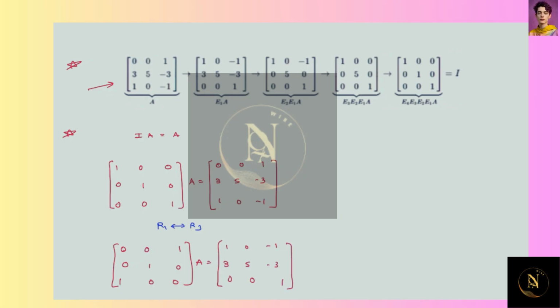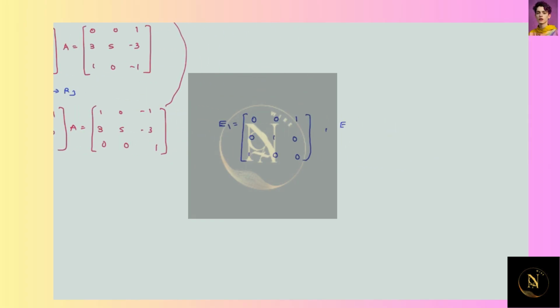Right, so this is our second matrix, right? And this is our elementary matrix E1. And here we have just interchanged first and third row, so its inverse will remain the same.